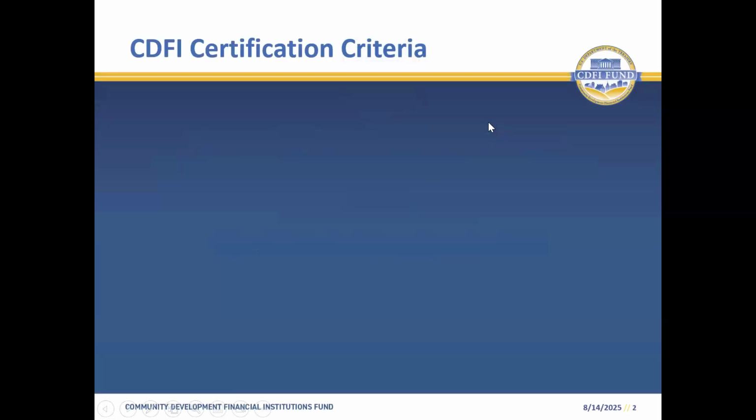Since this video tutorial seeks to present updated features in AMIS connected to the CDFI certification application, let's review at a higher level an explanation of the two relevant CDFI certification criteria. To meet the target market requirements, an entity must direct at least 60% of both the number and dollar volume of all eligible financial product transactions it closes during a full 12-month fiscal year to an eligible CDFI certification target market.